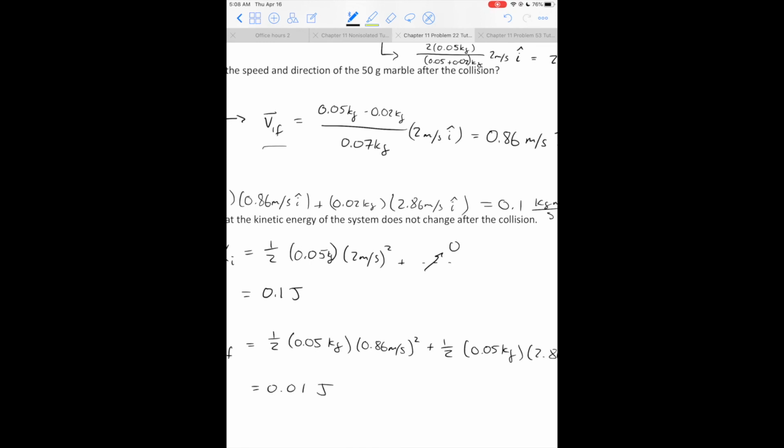If you do this out, and I encourage you to, I got 0.1003 joules, but that's well within rounding limits. So 0.1 joules and 0.1 joules. That all works out.